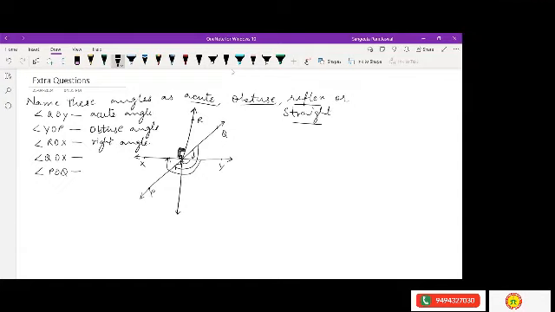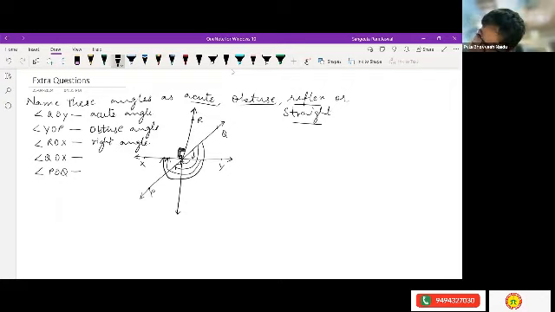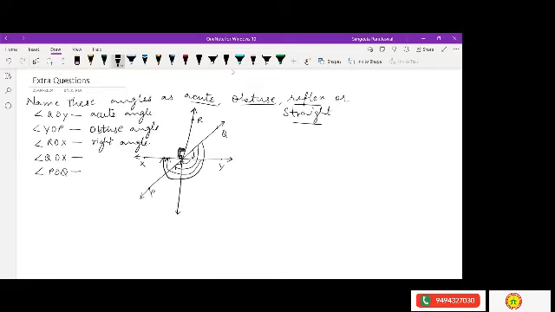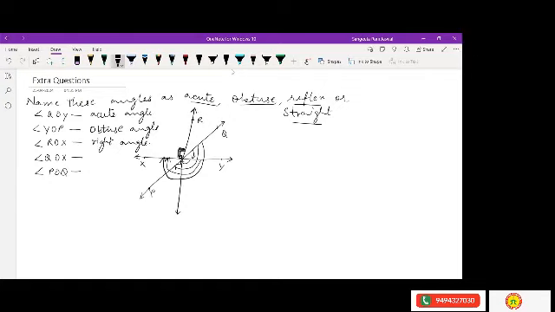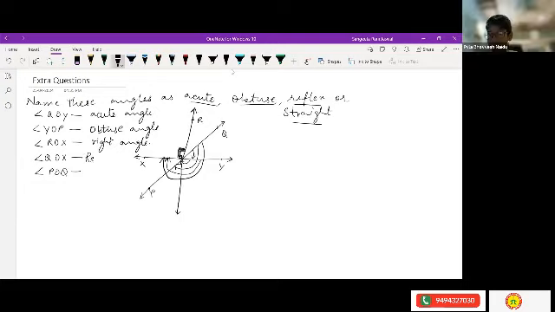If I take this larger angle from here, QOX, what is this now? Obtuse. No, it's a reflex angle. Yes, it's more than 180 degrees, so this will be a reflex angle. Yes, Bhavesh? Yes, ma'am. Reflex.